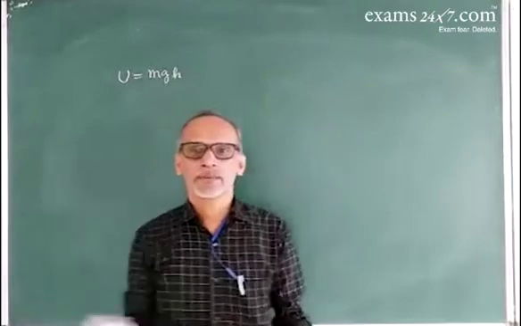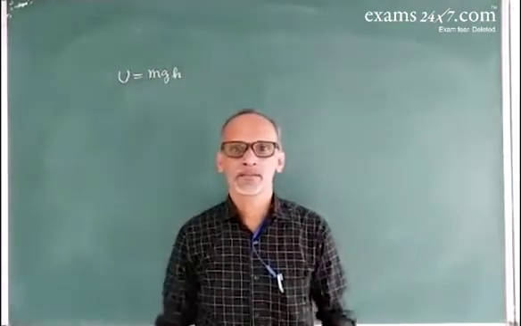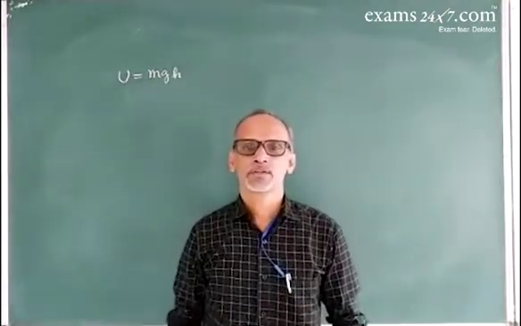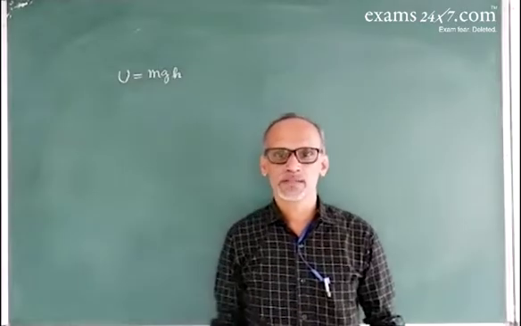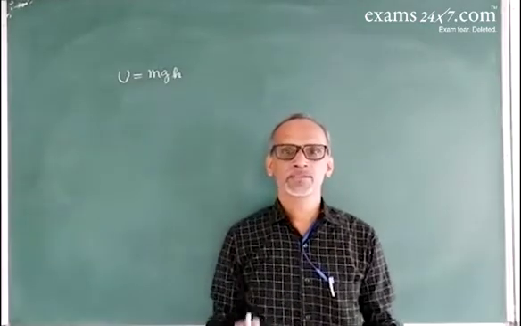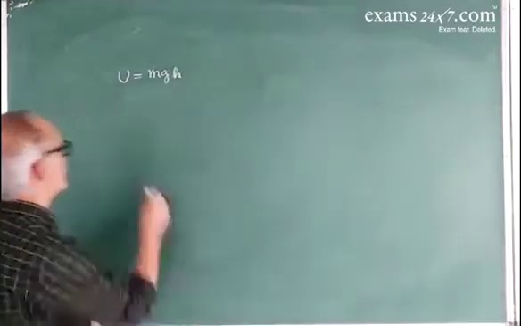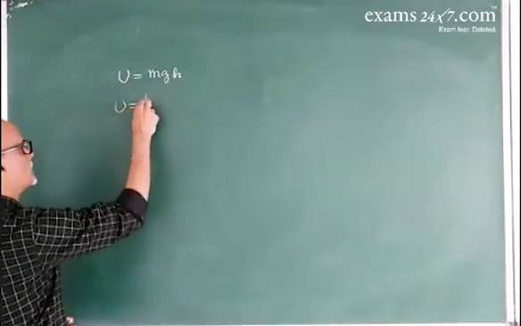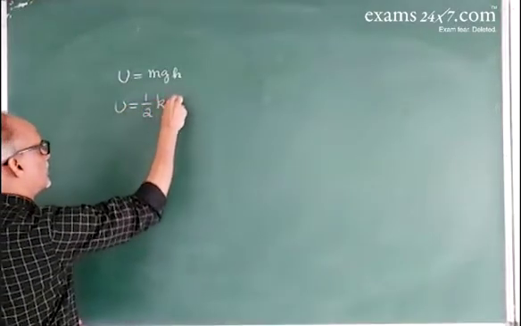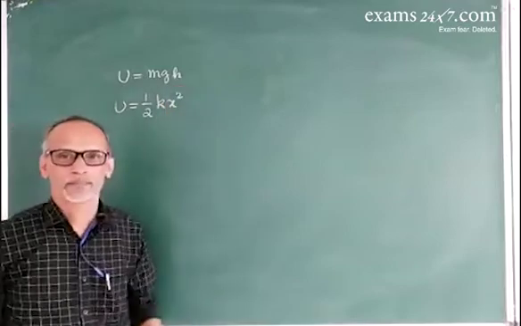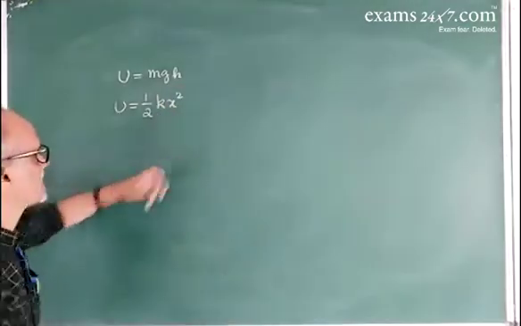In compressing or elongating the spring, there is a change in configuration. So work done is stored as elastic potential energy in the spring, and that's given by U is equal to half k x square. You need to remember the other formats as well.